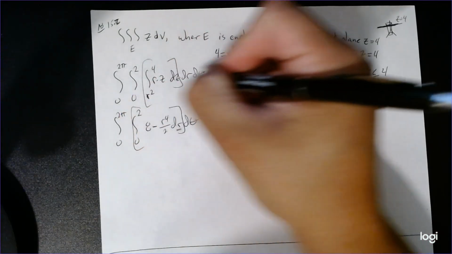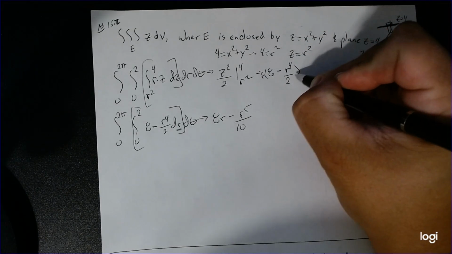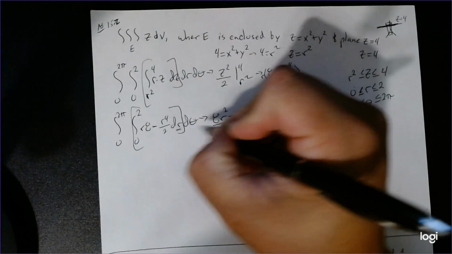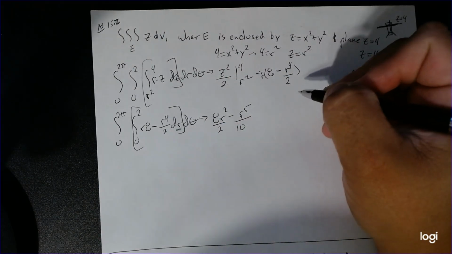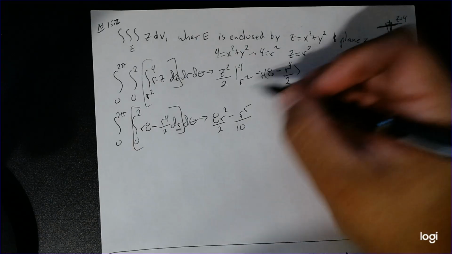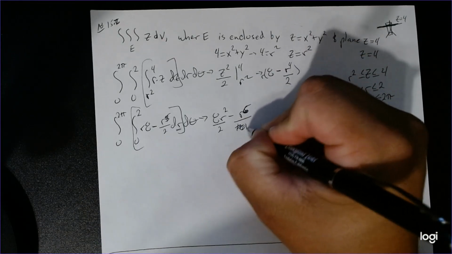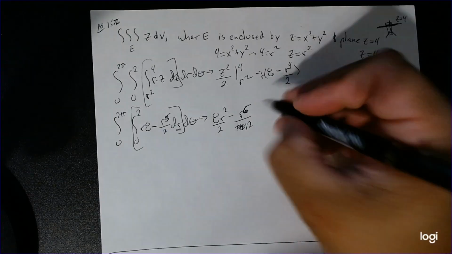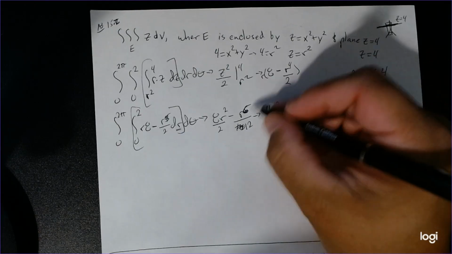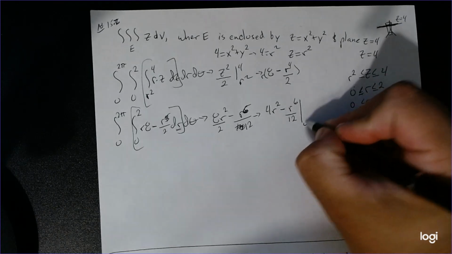I forgot about r here. Wait, okay. Oops. I can fix it. Forgot about this r everywhere. So this is a 5. So this is a 6. Now this is a 12. Okay. All right. Kind of fixed it. Let me rewrite this. Okay, there we go. That works. 0 to 2.